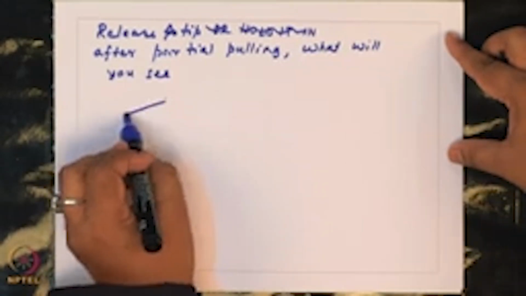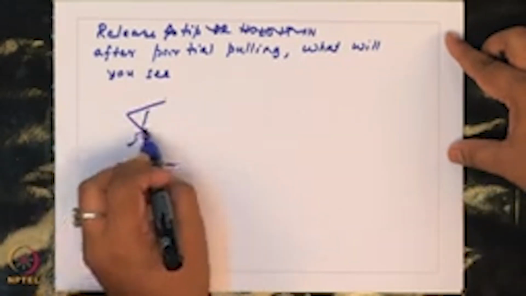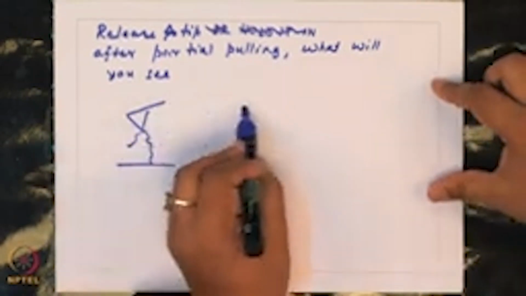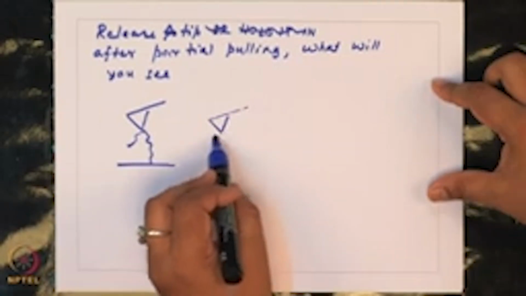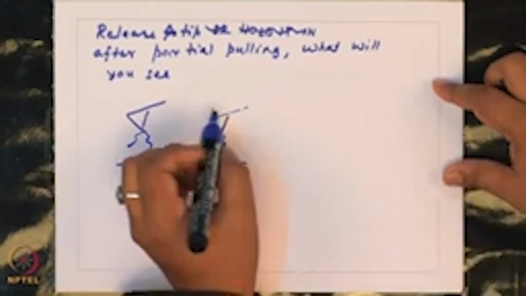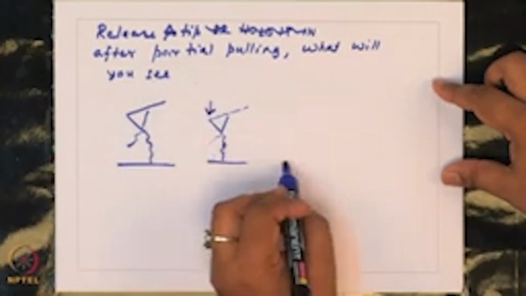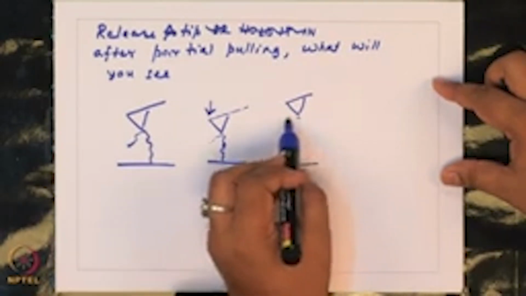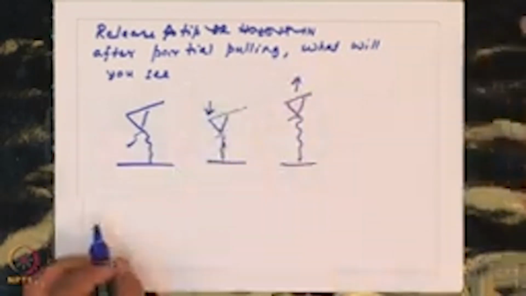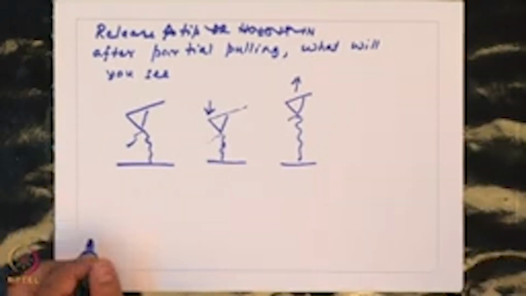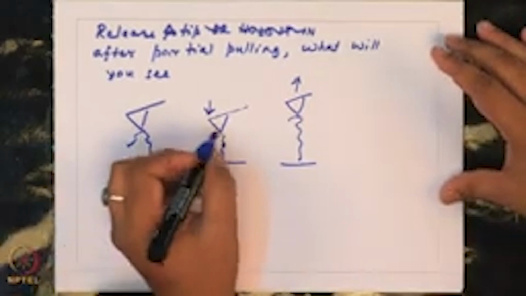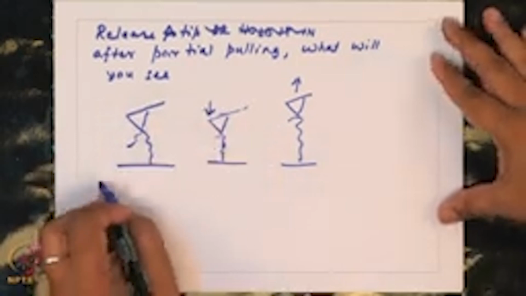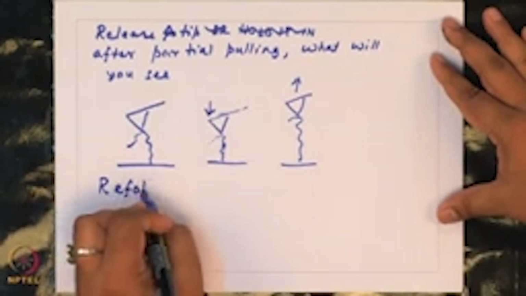Let us say this is a pulled configuration from this point, the tip goes down and then you again pull. You would see that when you relax the tip and release the protein, it allows the protein to refold.